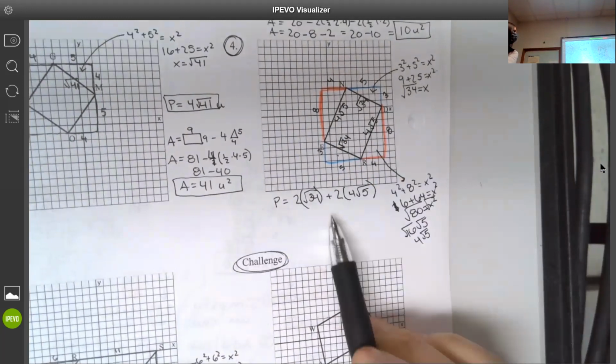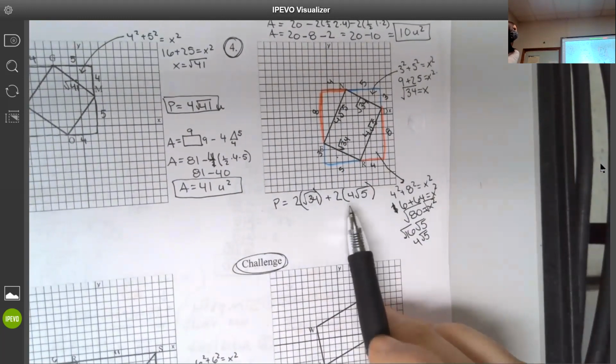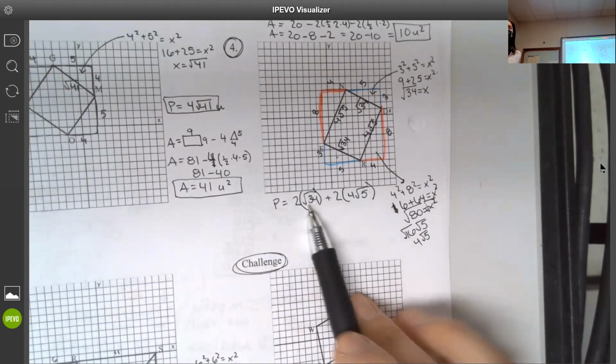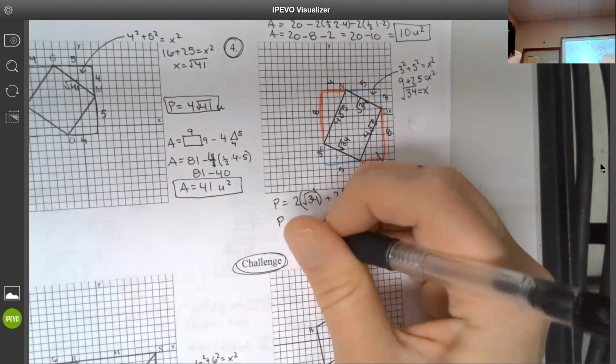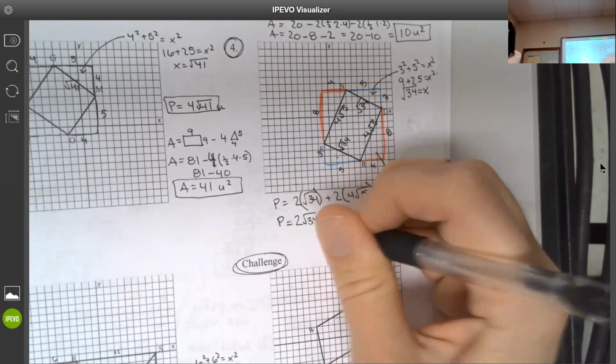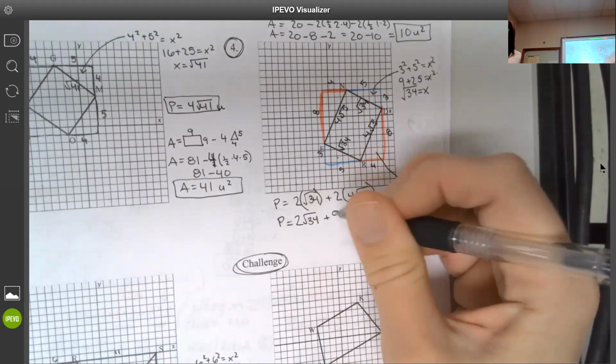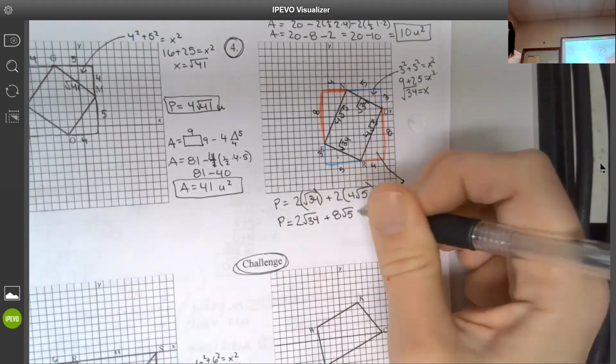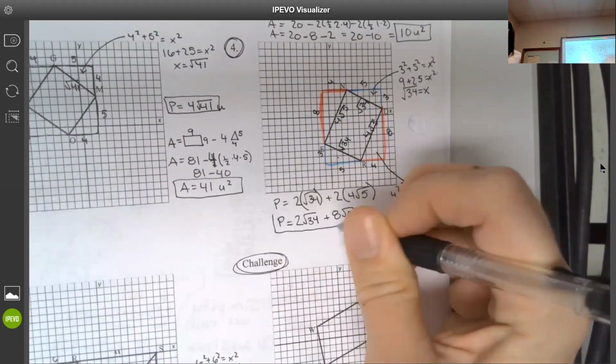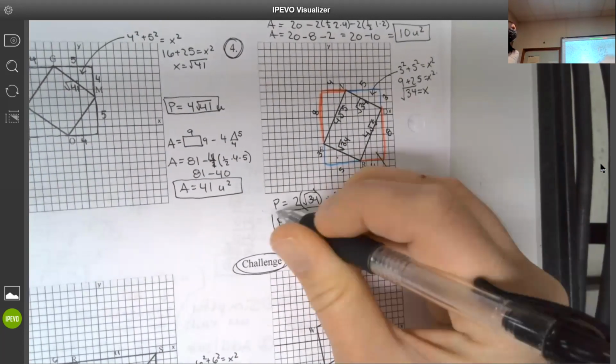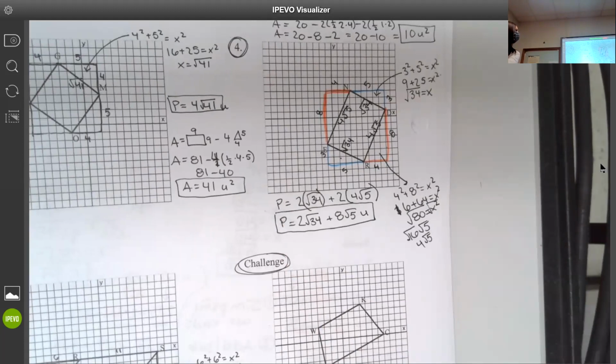The only reason I'm multiplying here instead of writing it out is instead of writing this twice, I'm just saying I have 2 of these and I have 2 of those. And so that means I have 2 square roots of 34 plus 2 times 4, I have 8 square roots of 5 units. That's my perimeter, adding each side of that 4-sided shape.